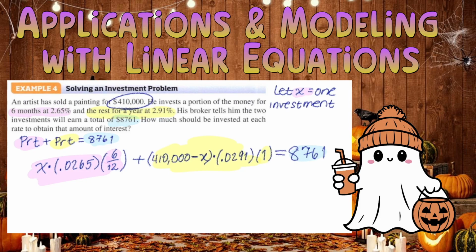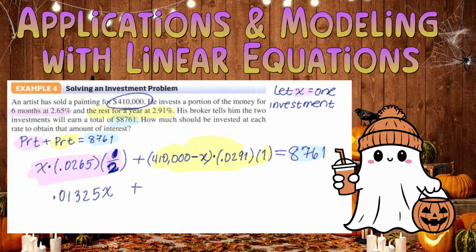I'll probably change the 6 out of 12 into 1/2, just so it's a little less messy. If I multiply 0.0265 times 1/2, that gives me 0.01325x.